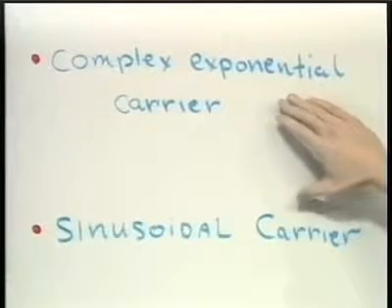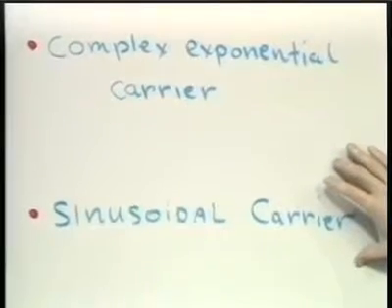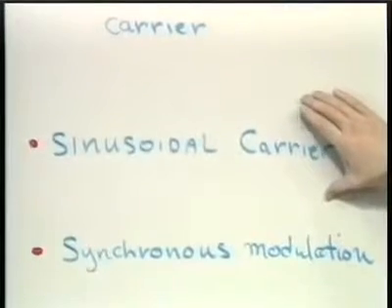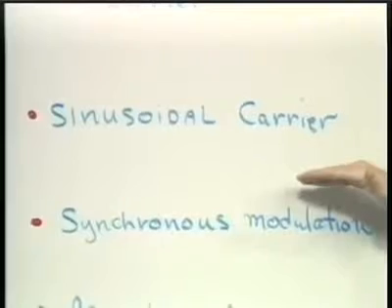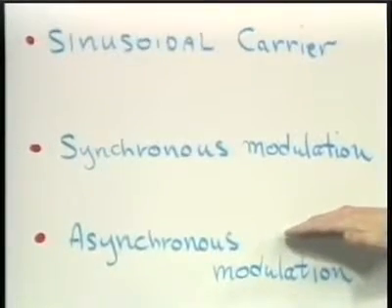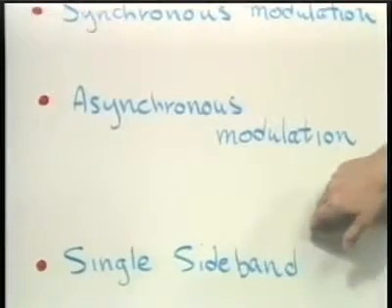We talked about the properties and analysis in the case of a sinusoidal carrier. And in that context, and related to the application associated with communications, we talked about synchronous modulation, asynchronous modulation, and also the notion of single sideband modulation.